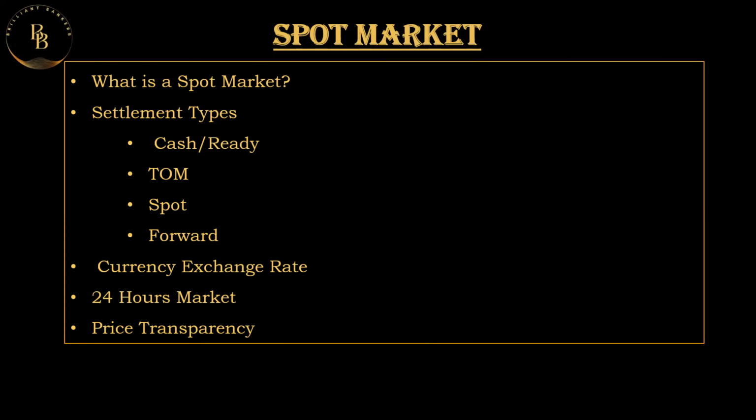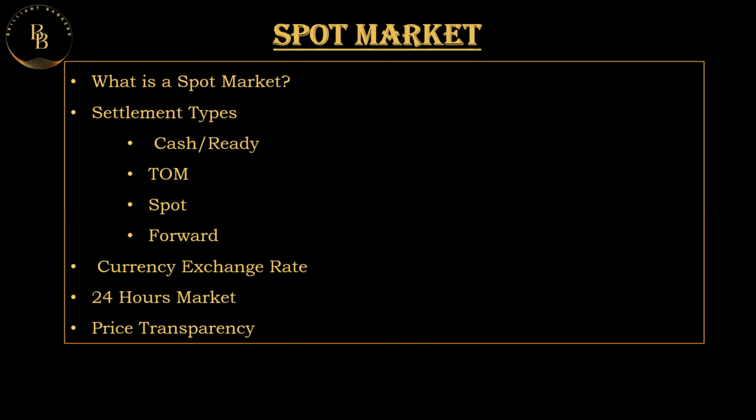It's a 24-hour market. Unlike stock markets, the spot forex market operates 24 hours a day, allowing continuous trading across different time zones in different countries. And there is also price transparency; real time quotes and price transparency contribute to fair and efficient price discovery in the spot market.